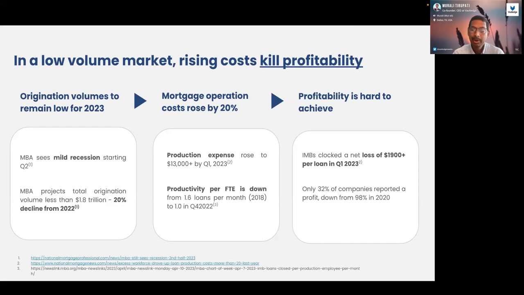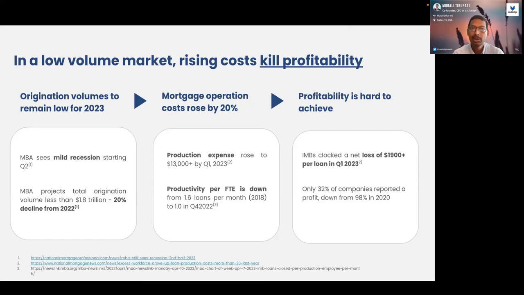Now, the more interesting and actually the more worrying thing is what is happening on the cost front. If you look at the production, the origination expense, the cost to close a mortgage, the production expense rose to about $13,000 in Q1 2023.